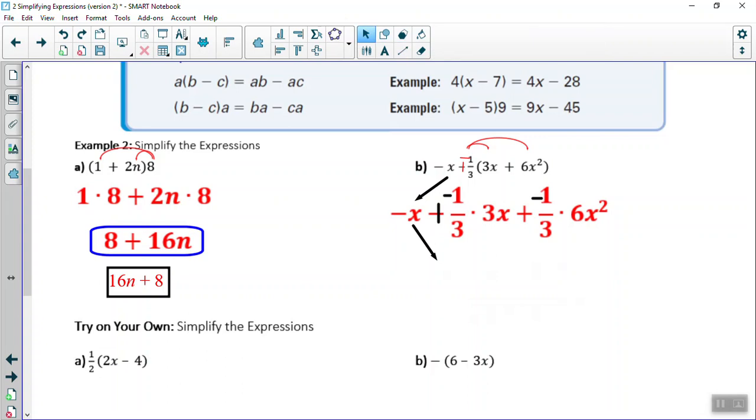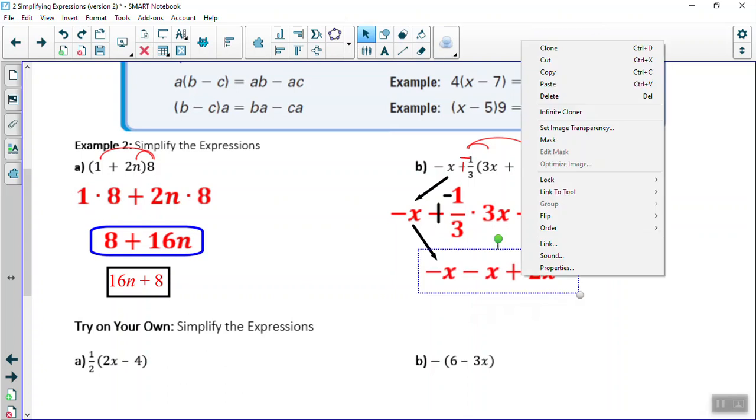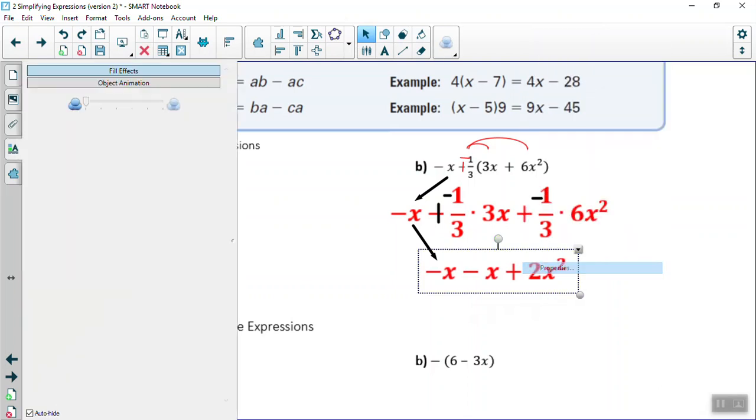Well, multiplying by 1/3 is the same as really dividing by 3. So when I multiply this, I'm going to end up with a negative x, or a negative 1x. When I come over here, multiplying by negative 1/3 really means I'm going to divide this by 3, okay, or negative 3. All right, so here we're going to end up having to fix this mistake.